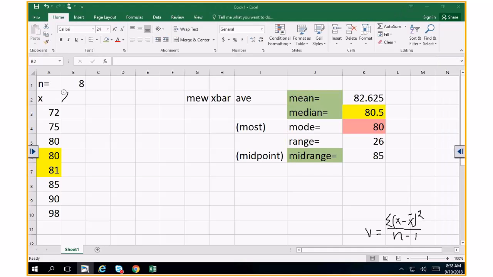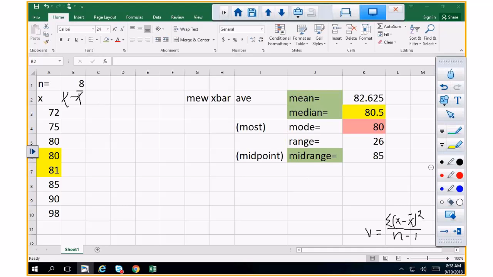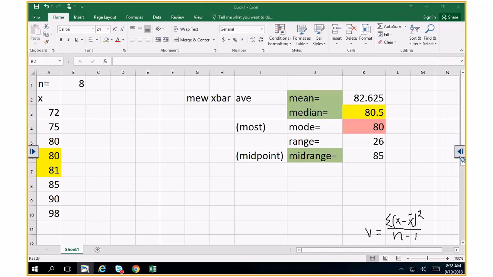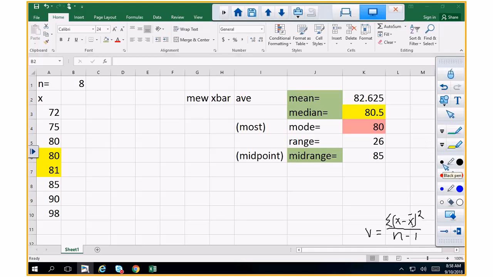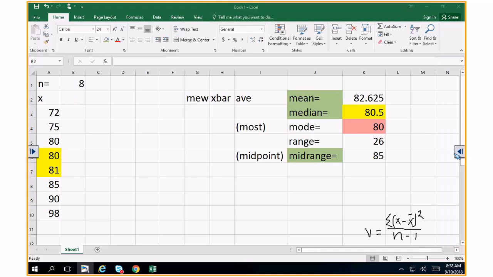I'm just going to type it in. So I want each of you to take x and subtract x bar from each one. Okay?